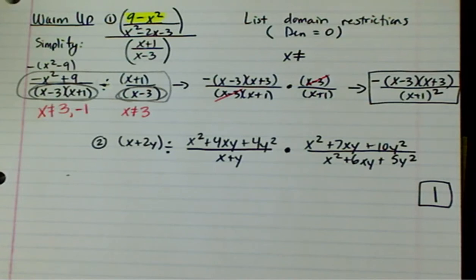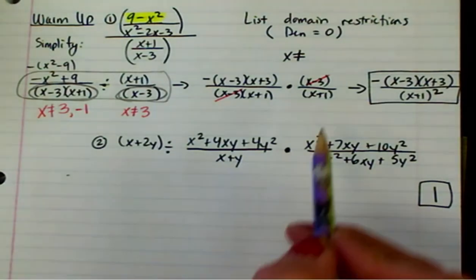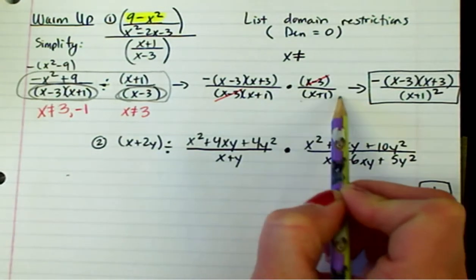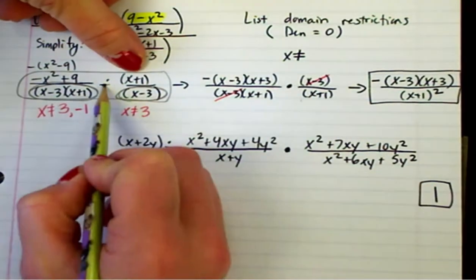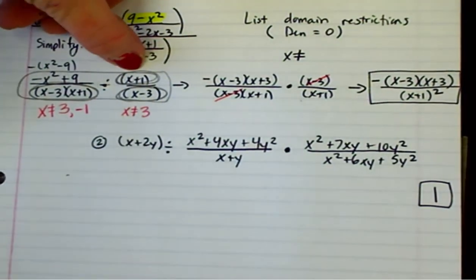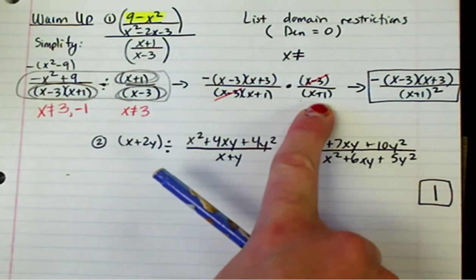And then I have to look at the next step, because I had a divide here, and so I actually had a reciprocal. Look at that. I had a new denominator show up right here. See that divide? I know that that is going to turn into the denominator here.